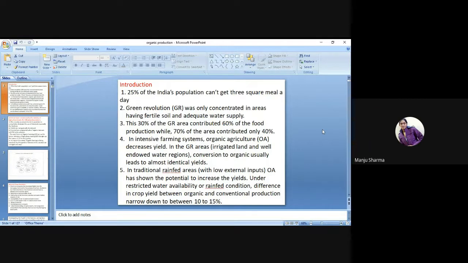In the green revolution areas, which were irrigated land and well-endowed water regions, conversion to organic usually leads to almost identical yields.